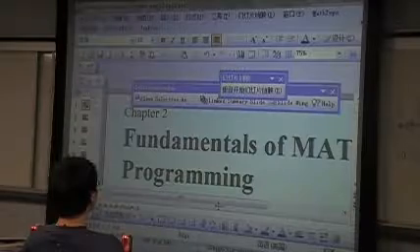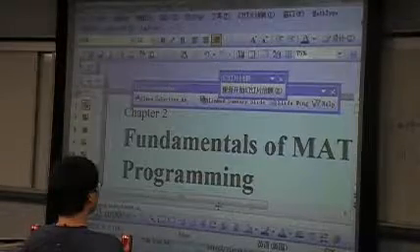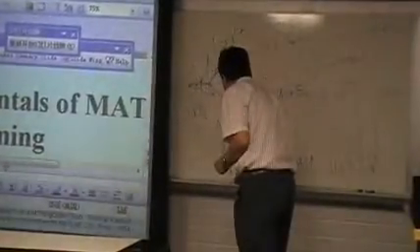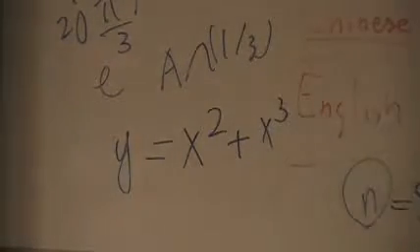If you want to draw a graph of x squared plus x cubed, what you need to do first is to define the x array, the x vector. So what you need to do is x equals 0, 0.1 up to 1. And the brackets are not necessary, you can omit them.